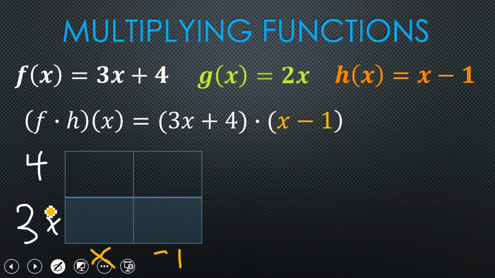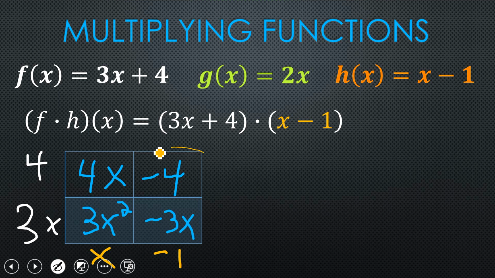And to get the boxes, what we do is we multiply parts. So our first box comes from 3x times x, which is 3x squared. Our second box is going to be 4 times x. And then the last two boxes, again, we're going to multiply. So we're doing 4 times negative 1 to get the negative 4. And then 3x times negative 1 to get negative 3x.